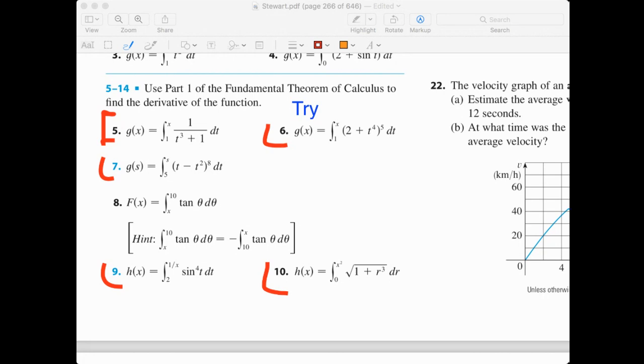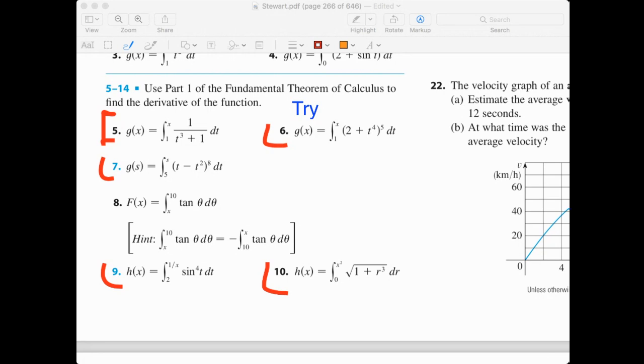Okay, so for 5, we're going to take the antiderivative of the function 1 over t to the third plus 1. That is f of x, right? So basically, g prime of x would be 1 over x cubed plus 1.